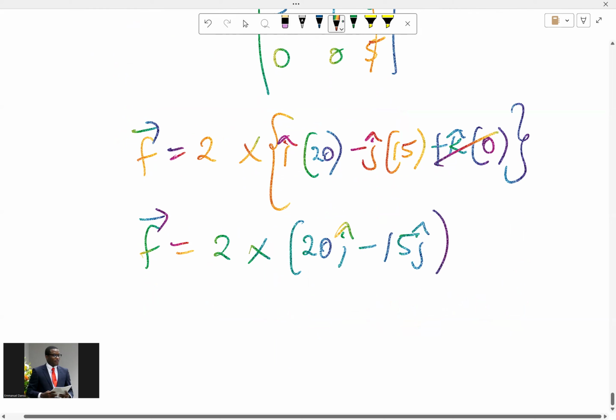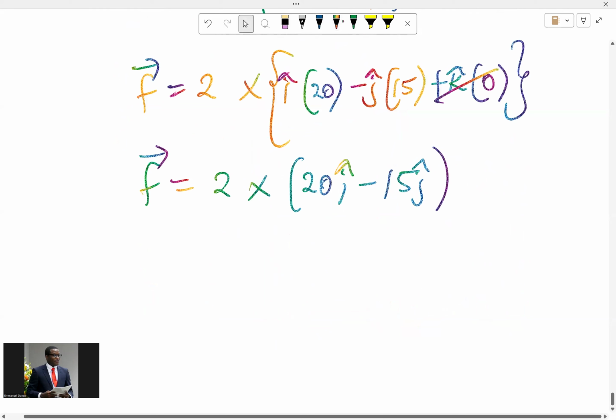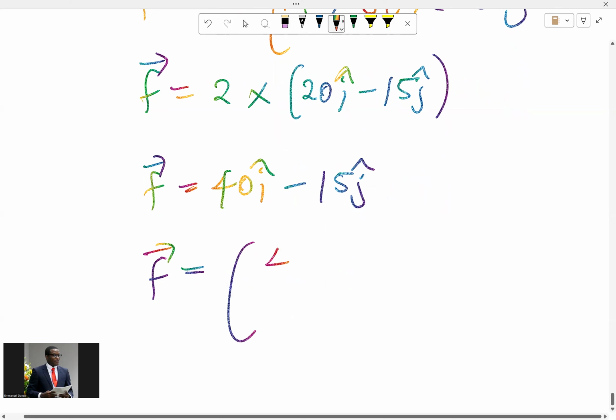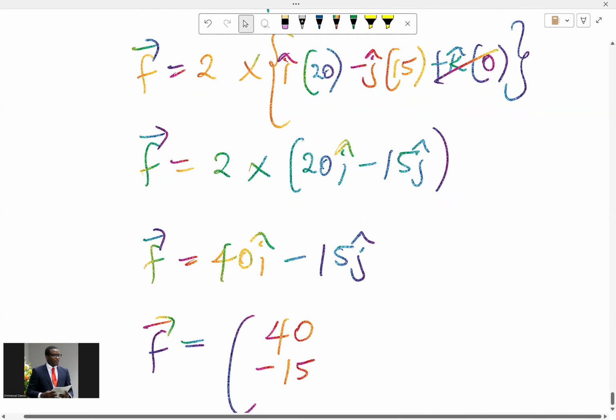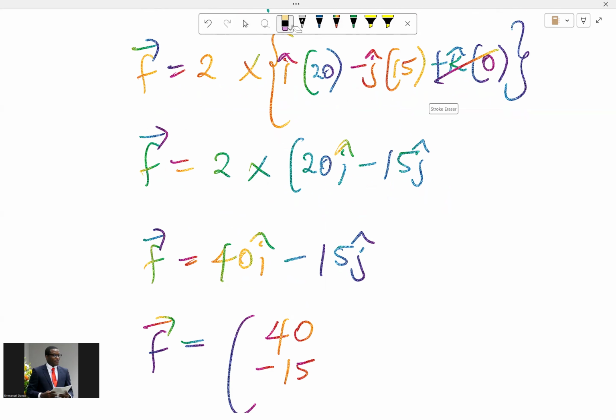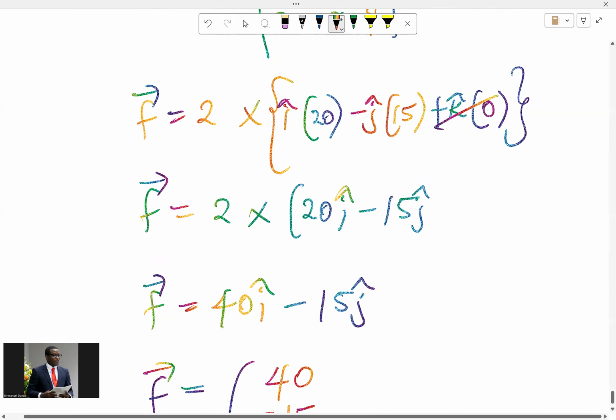Finally, we have F to be 40I minus 15J. Okay, I think it's proper I put the third component, since we started with 3 components. One component cannot just disappear. The worst it can be is 0, so we just have plus 0K.